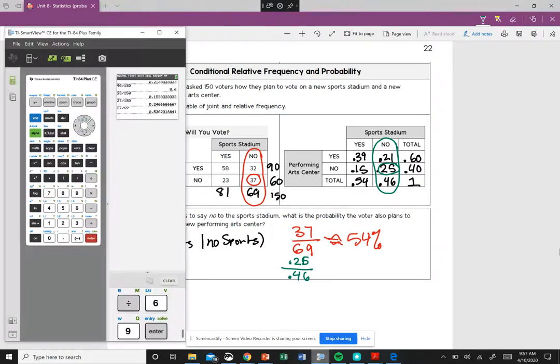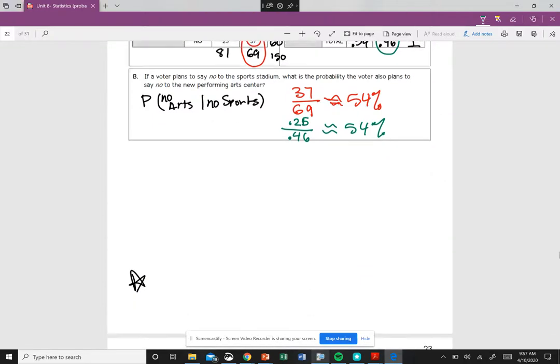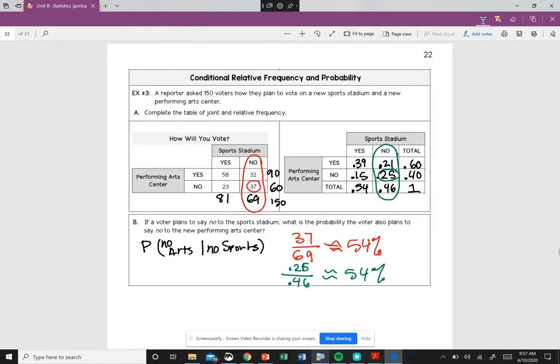So if I pull out my handy dandy calculator, I do 0.25 divided by 0.46, and we get approximately 54% as well. Isn't that cool? You can use either one. All right, that's as much as we're doing today. Hopefully that made sense. We're going to finish up the rest tomorrow.